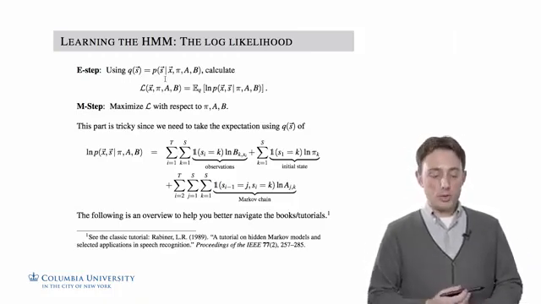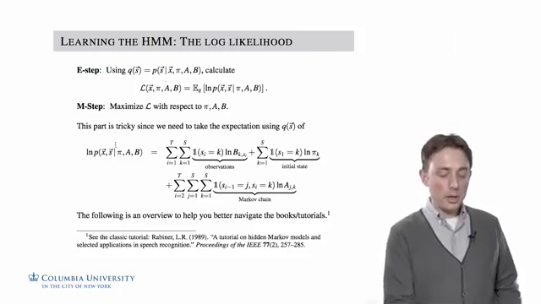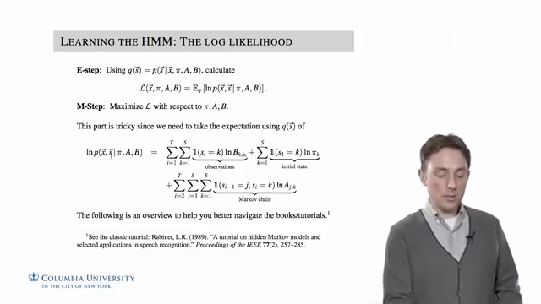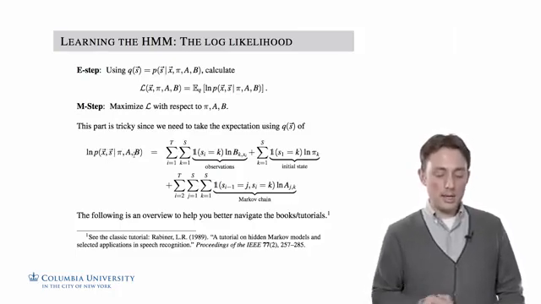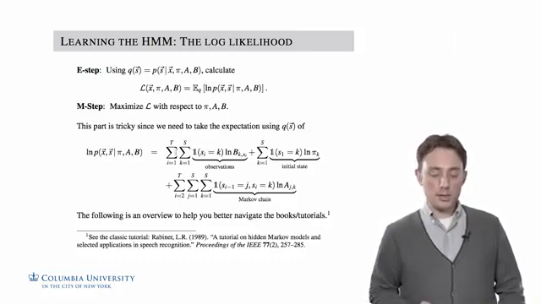So this part now is tricky, because if we look at the log of the joint likelihood of the observed and unobserved state sequence, data sequence, given the HMM parameters, we observe that it's equal to something like this.